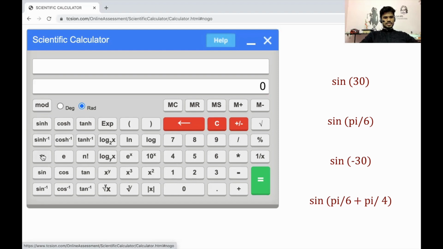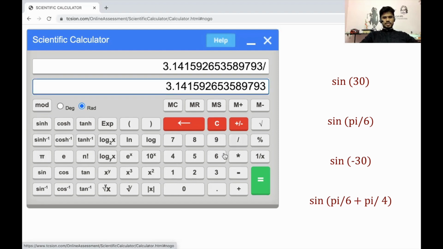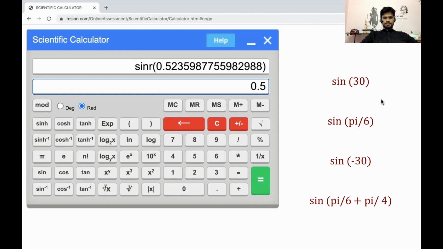One second. So pi by 6 equals this, and then sine of that is 0.5. So often we'll be dealing with trigonometry, and you want to know whether we are dealing with degrees or radians. There is a simple toggle to say whether we are finding sine 30 degrees or sine pi by 6. Suppose this is clear.